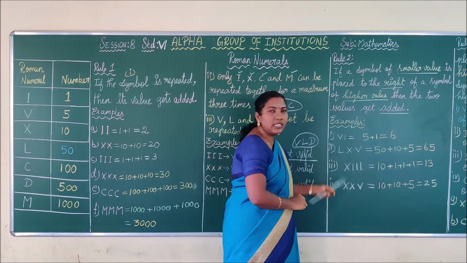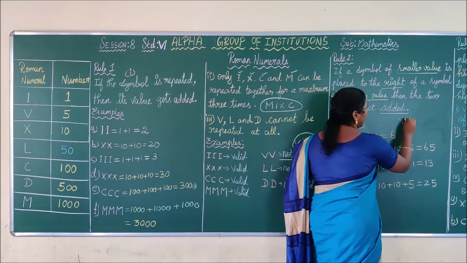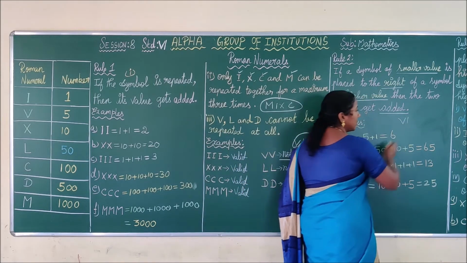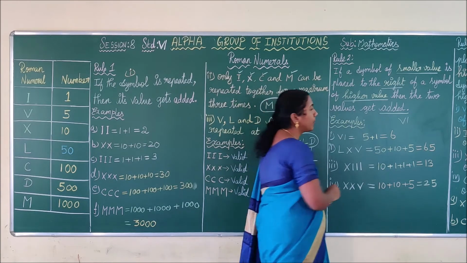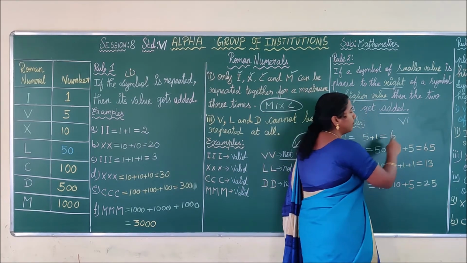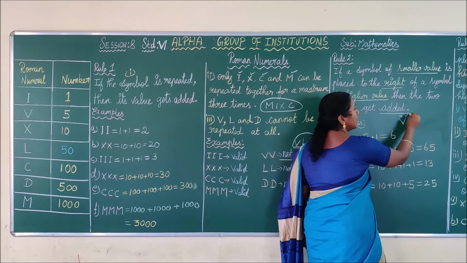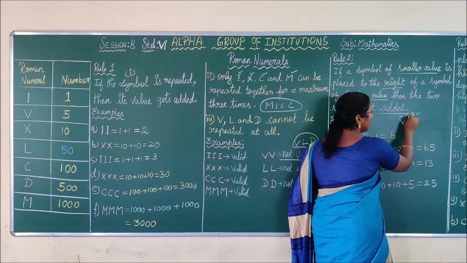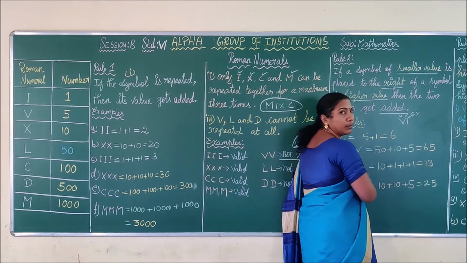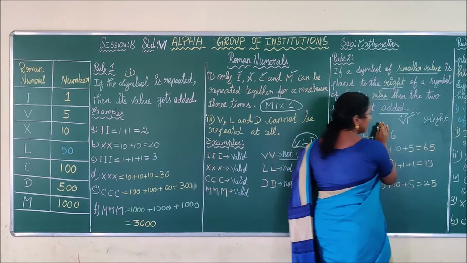By seeing this example, you can easily understand, children. See the first example. You can easily know this is the value 6. Among these 2 symbols, which is the higher value symbol? This one is the higher value symbol, and this one is I, the smaller value symbol, and it is on the right hand side, and this is the left hand side.